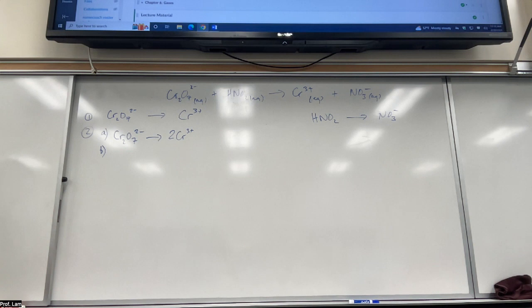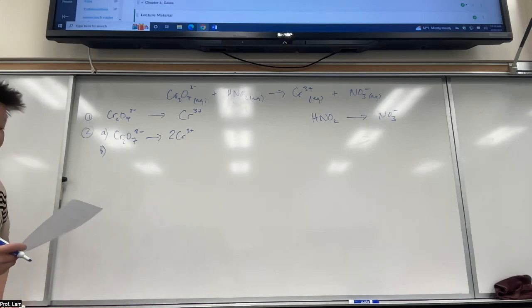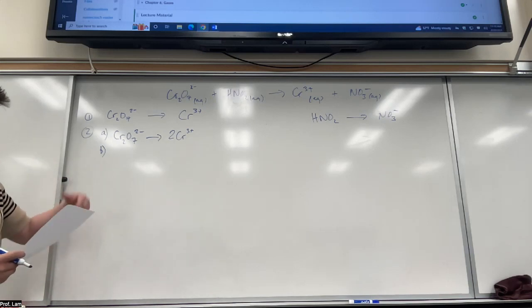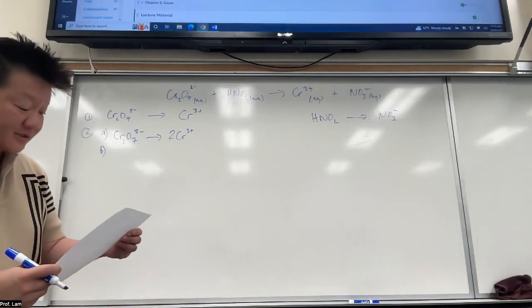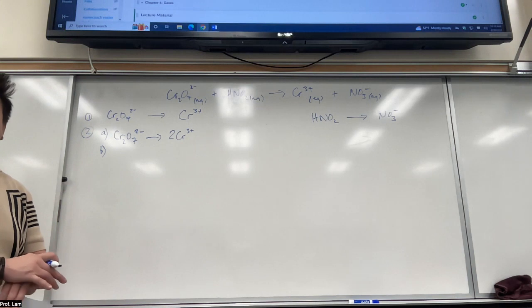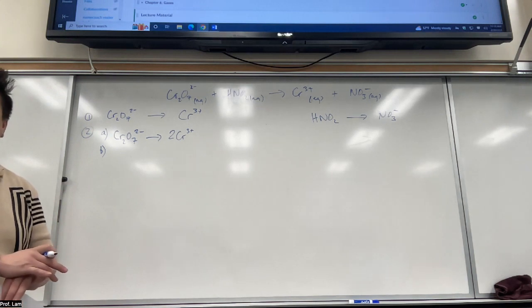And then B says balance the oxygen atoms with water. So why do we do this? Notice that for a lot of these, it will ask you to balance in acidic solution or basic solution. Do you guys remember what acidic solution is? What is an acid?